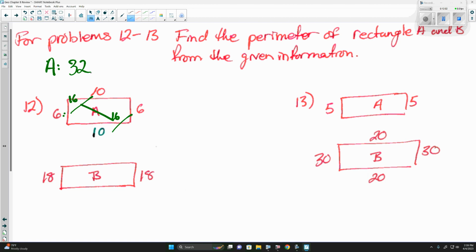So the perimeter of A is 32. That's the only way I've been able to remember how to spell it. P-E-R-I, perimeter. Because if I don't watch it, I'll spell it with an E instead of an I.